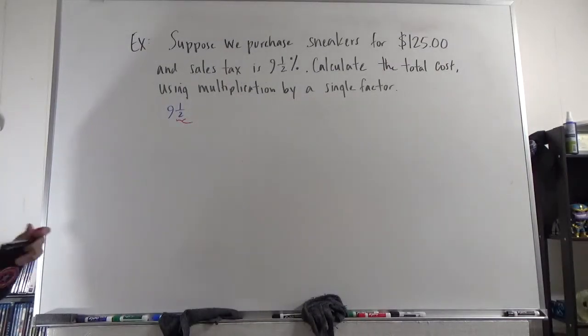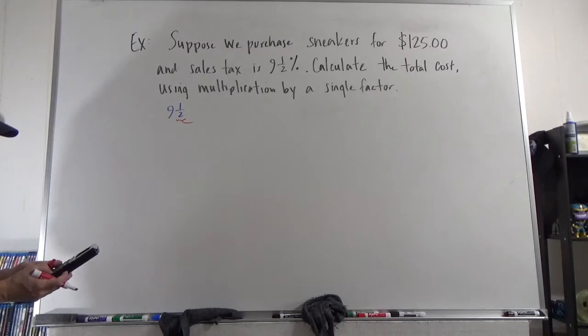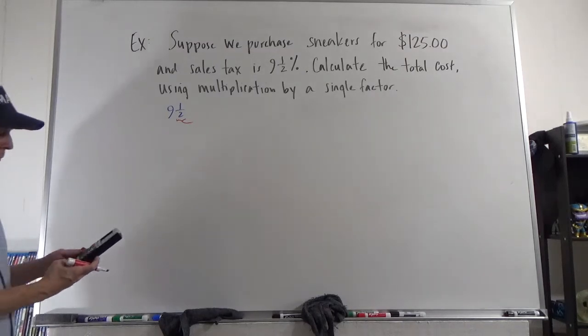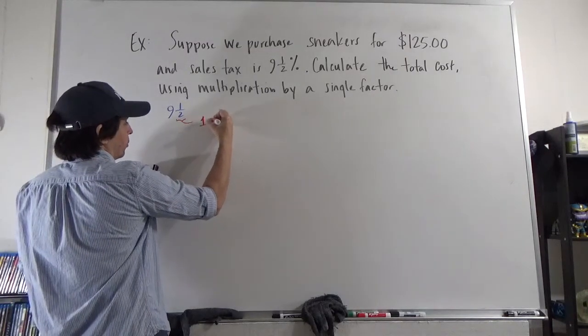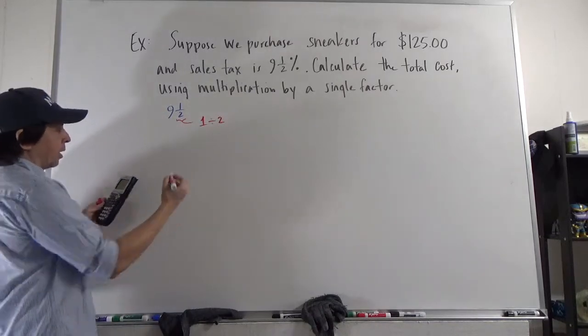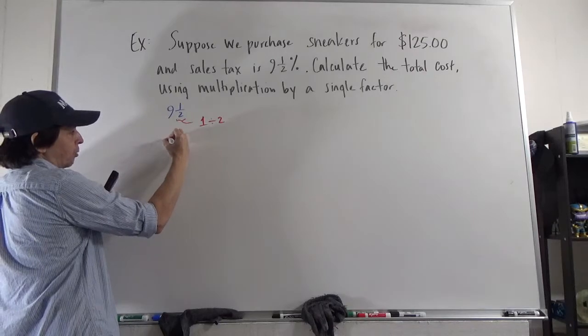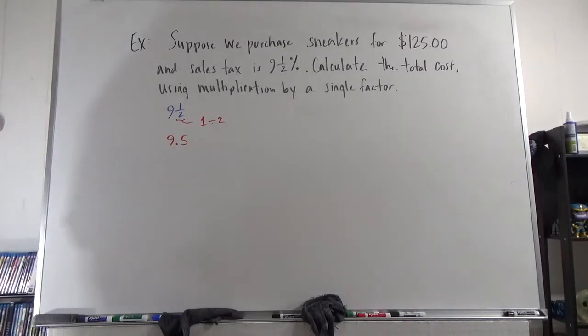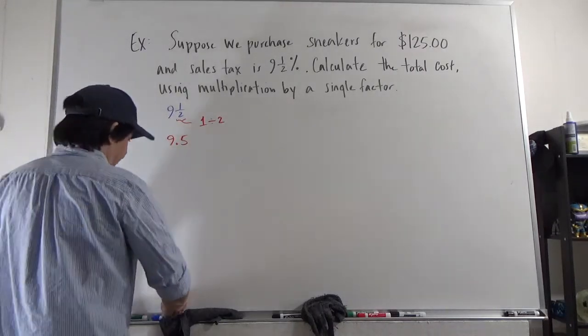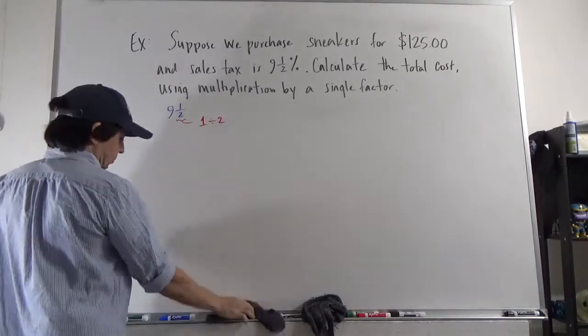If you don't know that, that's fine. You can literally do 1 divided by 2 on your calculator. And you get 0.5. When you add the whole part 9 to it, it's just 9 plus the 0.5, you get 9.5. And that's what that is. Oops, I don't want to write it in red. I want to write it in blue.